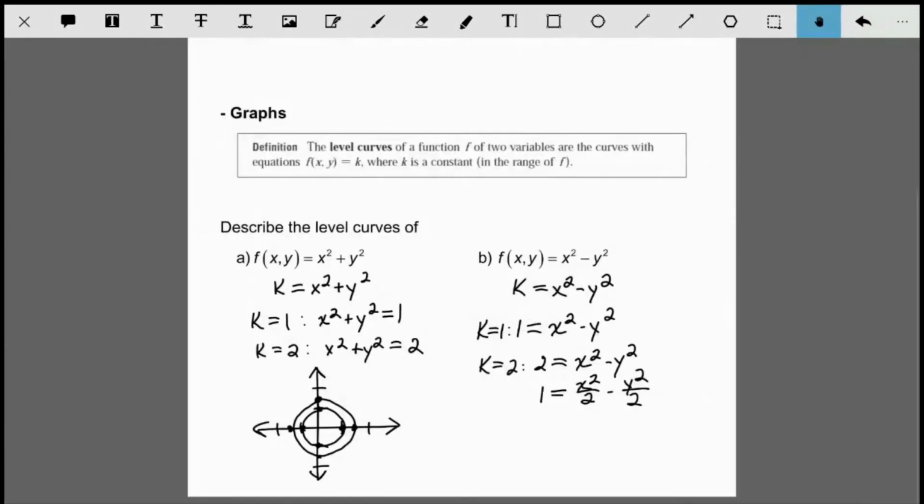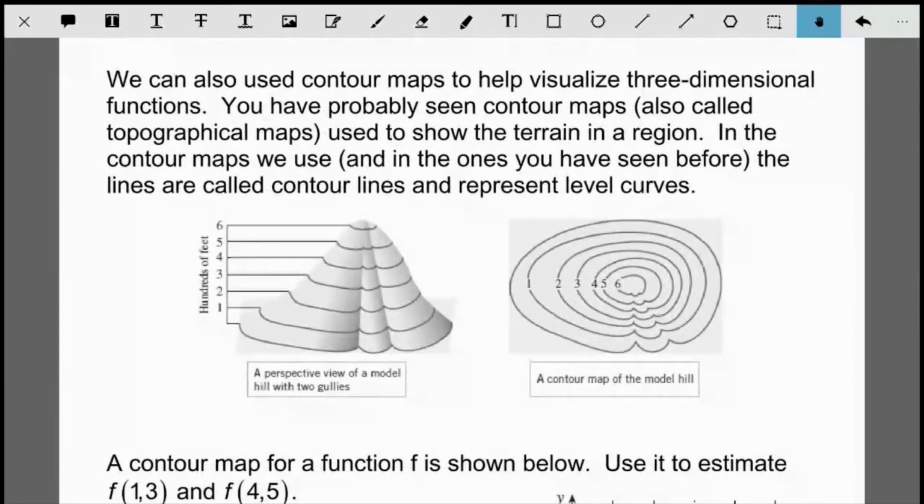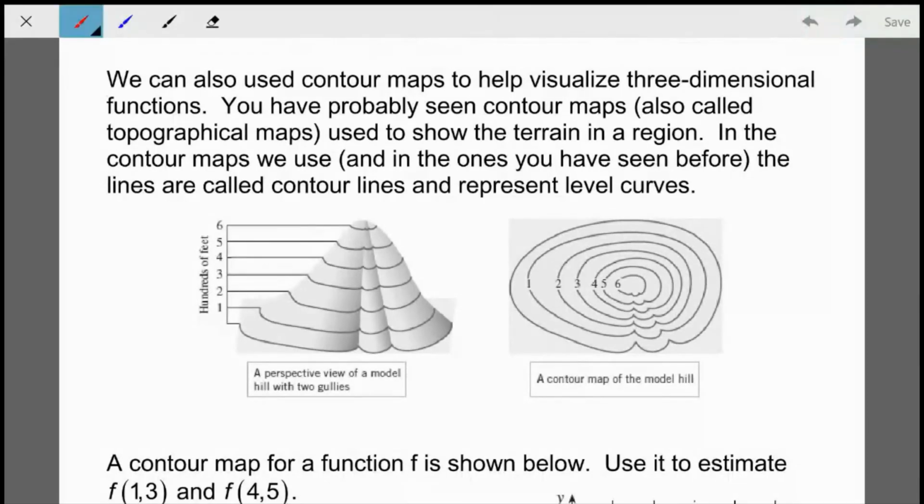Well, that's what a contour map is. So for example, let's say I've got this view. It says this is the perspective view of a model hill with 2 gullies. So when I look at that from above, you can see that these concentric figures are representing sort of different altitudes on that hill, or different elevations of that hill.